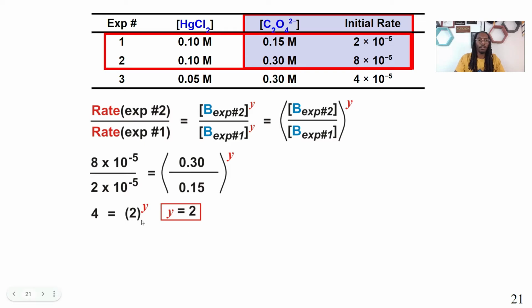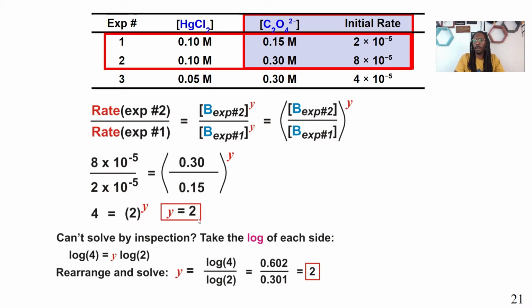Now, if you're ever in a state where you can't necessarily tell that this y is going to equal 2, you can always do some math too. So basically, y'all, if y'all remember this, there's log. I'm going to take the log of 4. So log 4, I'm going to log both sides.